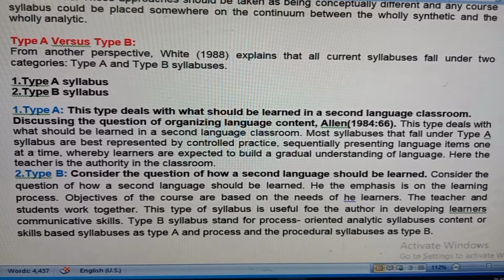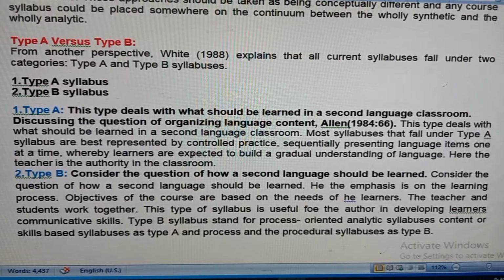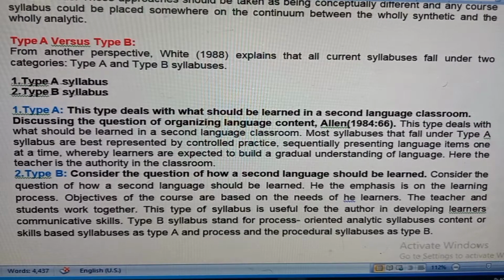Type B considers the question of how a second language should be learned. Here, the emphasis is on the learning process. Objectives of the course are based on the needs of learners. The teacher and students work together.